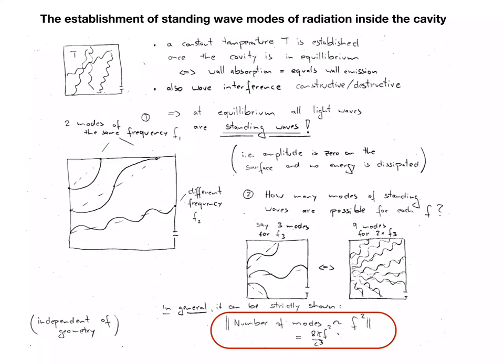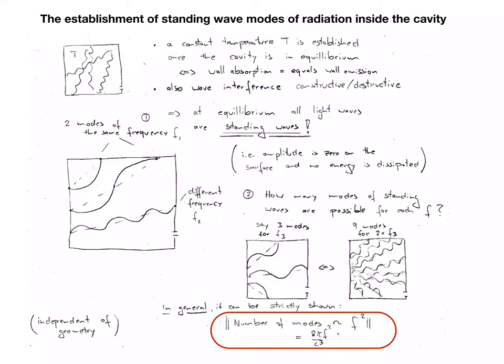Waves with wavelengths that do not allow such standing waves will destructively interfere and diminish, and they will not be present. This distinction between standing waves and others is really important because this is how quantization enters the picture.